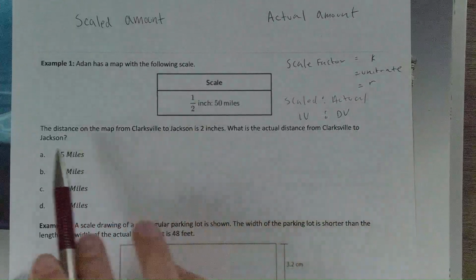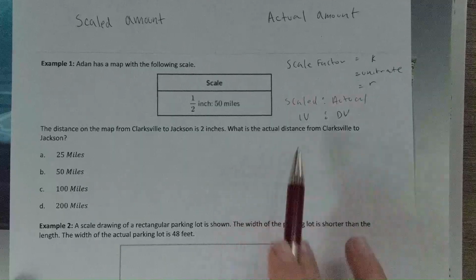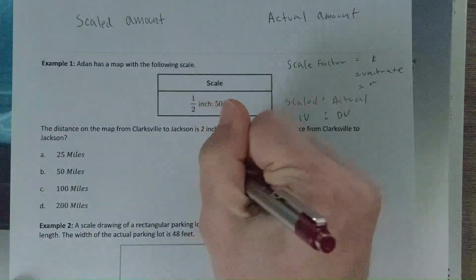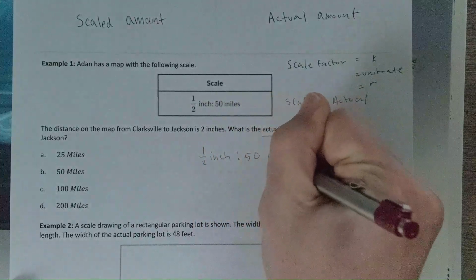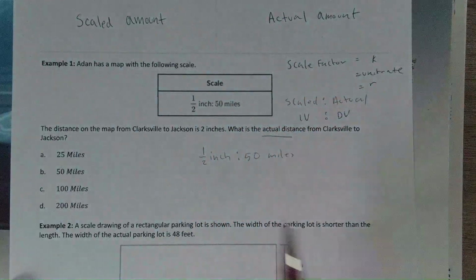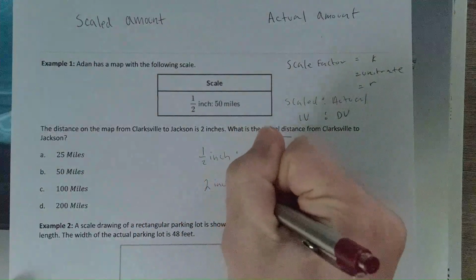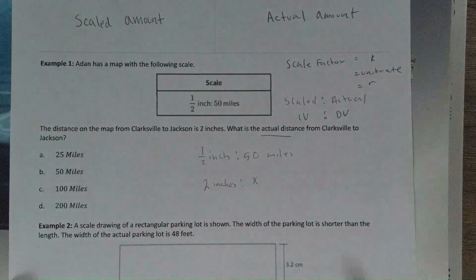Here we're saying the distance on the map from Clarksville to Jacksonville is 2 inches. What is the actual distance? And so we have a 1/2 inch to 50 miles. What we were told is that from Clarksville to Jacksonville is 2 inches. What we want to figure out is what x is going to be.